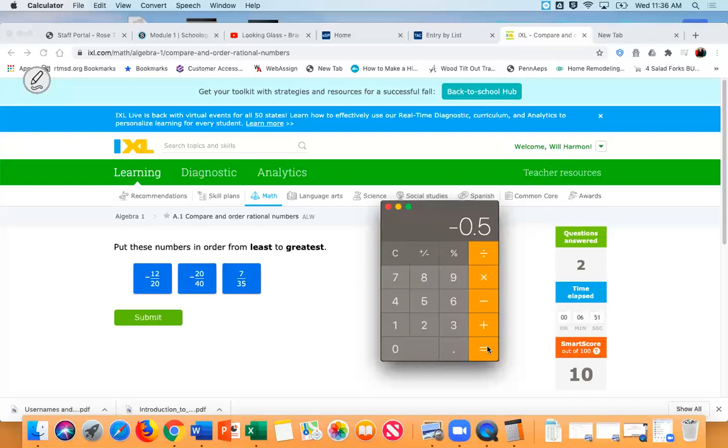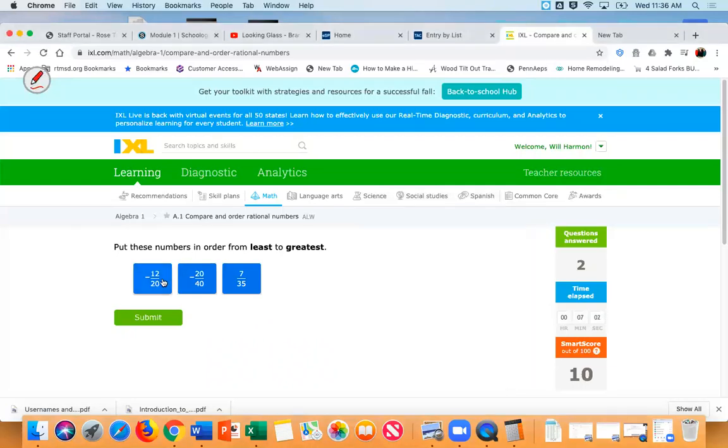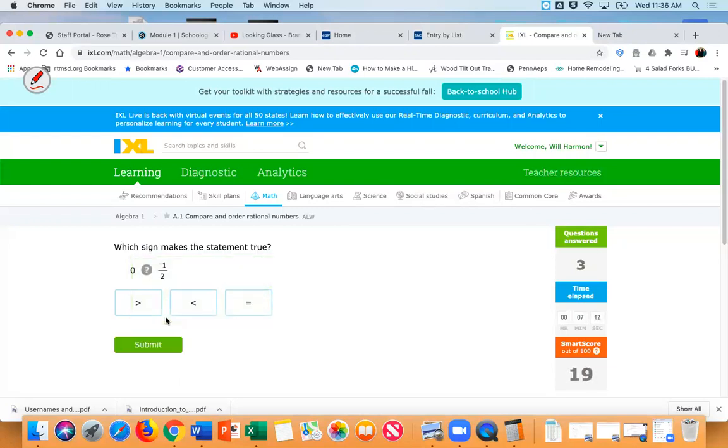Which one of those two, negative 0.6 or negative 0.5, is further away from 0? Negative 0.6, right? Yep. So we're going to put negative 0.6, which was this one, all the way to the left. Then this one is going to be in the middle, followed by the 7/35 because it's positive. See how easy that was?